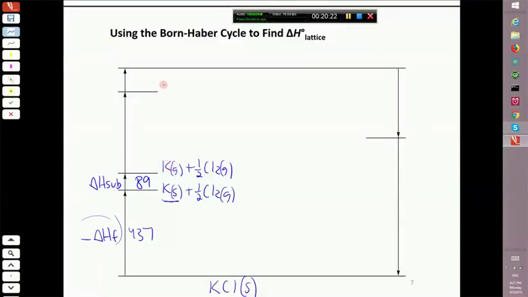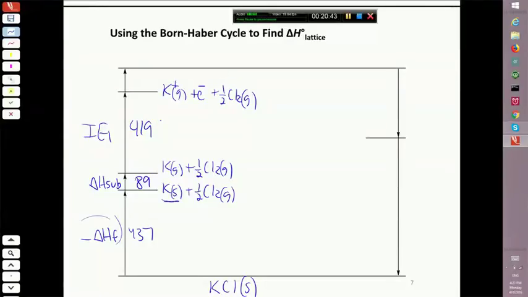So now we make K+ gas and lose an electron, and we still have the 1/2 Cl2. This step is referred to as the ionization energy, the first ionization energy of potassium, and it has a value of 419 kilojoules per mole.